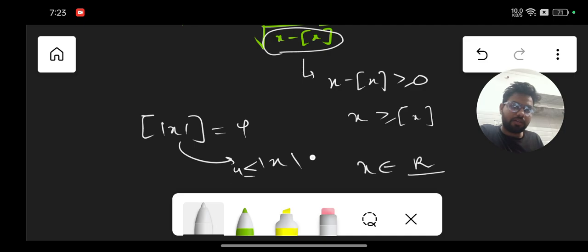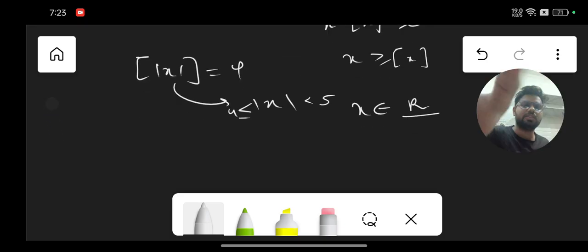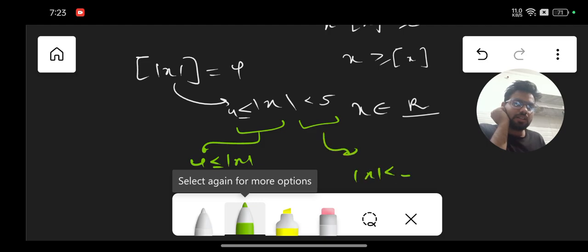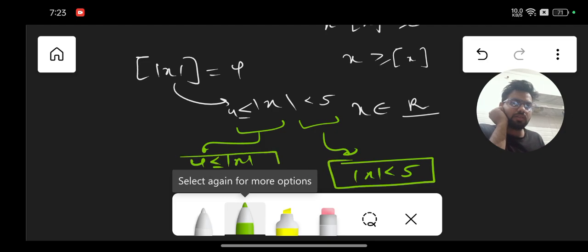Already you know this is a double inequality, so we will take separate cases: mod x is greater than or equal to 4, and mod x is less than 5. These are two intervals and we will work on them. That is all about the greatest integer function. We will take some examples in our exercise also.